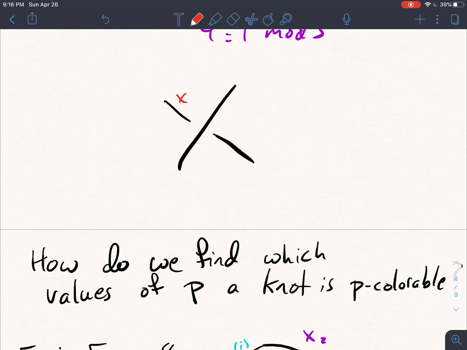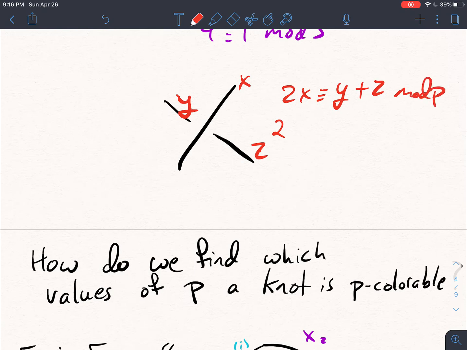And in general, if I were to do this for a crossing, let's say I have x, this one would be y, this is x, this is z.